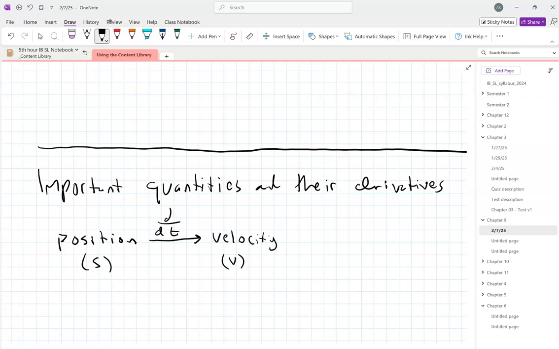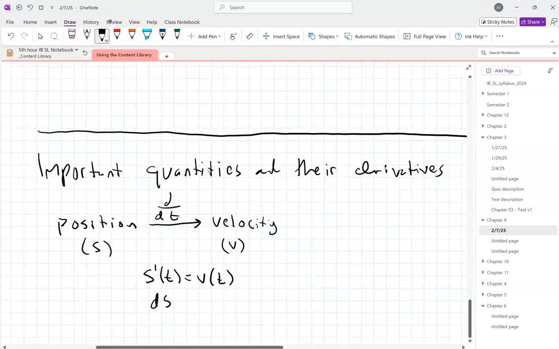Usually represent that with v. So we might write that s prime of t is equal to v of t, or you might write ds dt is equal to v of t.